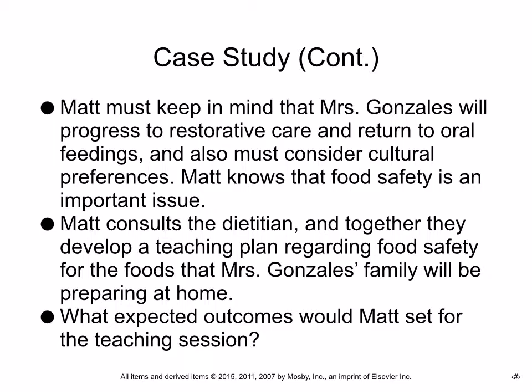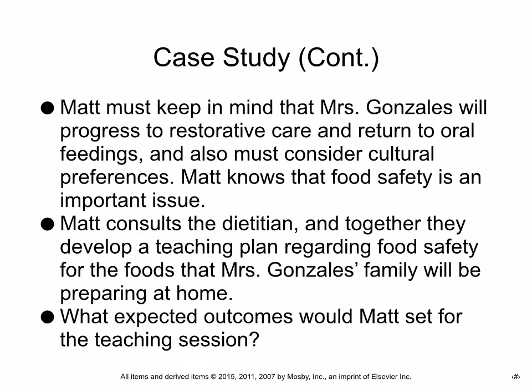So Matt understands that nutrition is important. At the same time, he wants to respect the patient's and family members' feelings too. Matt will consult the dietitian, and together they can develop a teaching plan regarding food safety for the foods that Mrs. Gonzalez's family will be preparing at home.